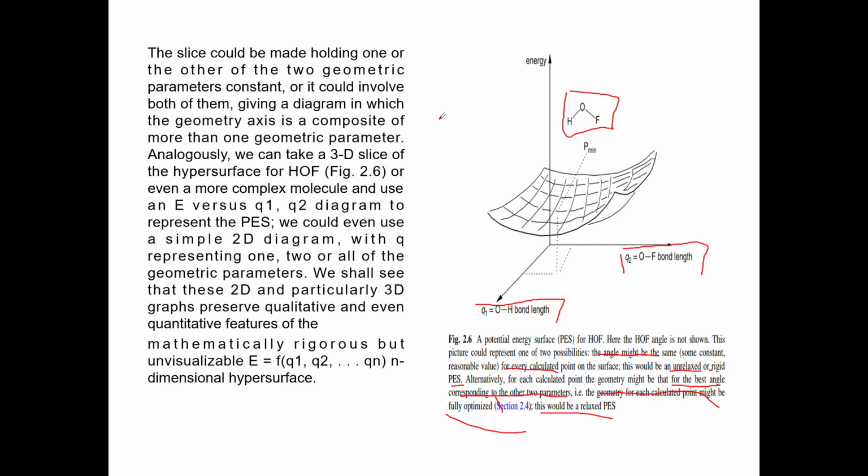This means that when we take a slice of a 3D surface, we can fix one parameter and minimize the energy with respect to the other parameter. But we can get the real potential energy surface, the relaxed surface.